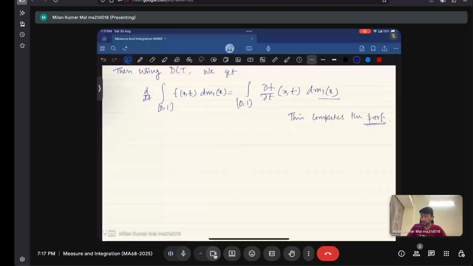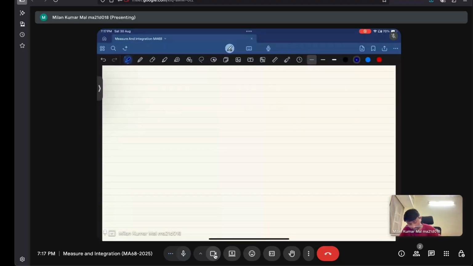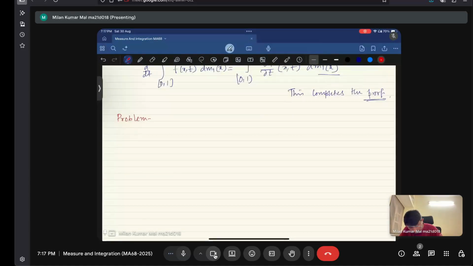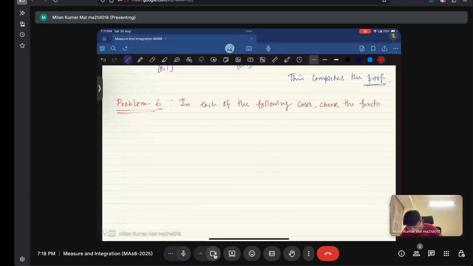Okay, so this is all. So now next go to another problem. In each of the following cases, check the function f for Lebesgue integrability over the indicated domain.